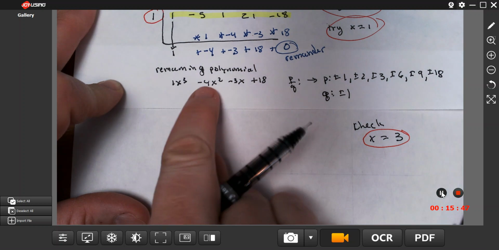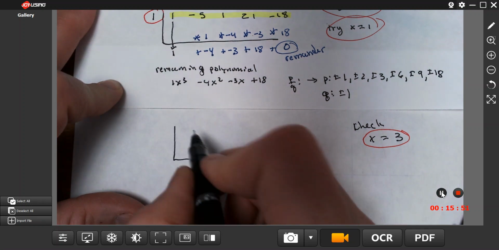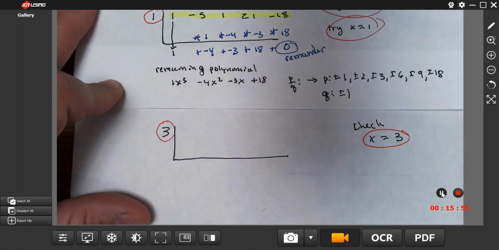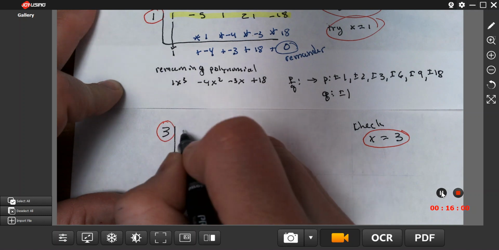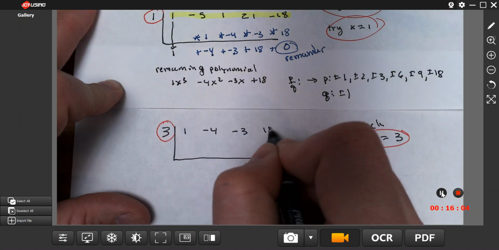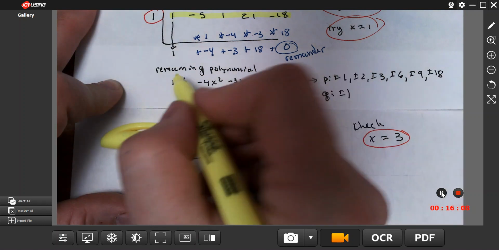I'm working on this polynomial now, so it's a new one. Half rectangle, my 3 goes here. And now I copy my coefficients, these coefficients, so I have fewer of them. So 1, -4, -3, 18. There were not any missing terms. So that's these.